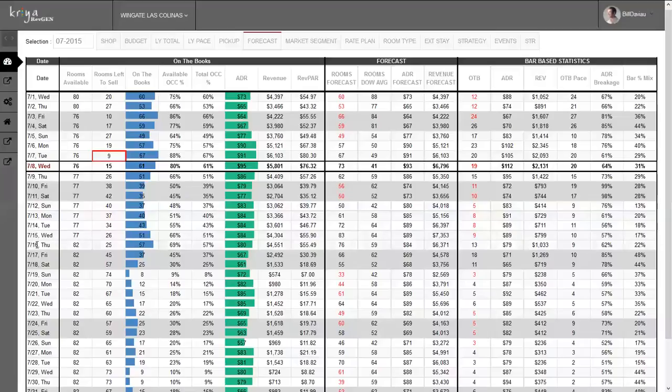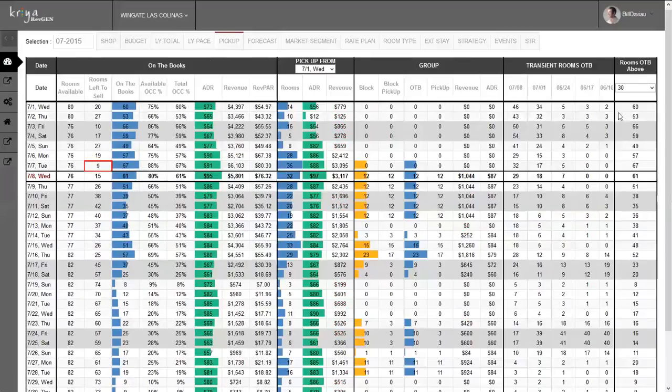Vice versa, Thursday on the other hand has 13. We typically only have 9 on the books. So maybe I have some rate opportunity on that Thursday. I also have the ability to test different thresholds of rates and see what I'm actually capturing.